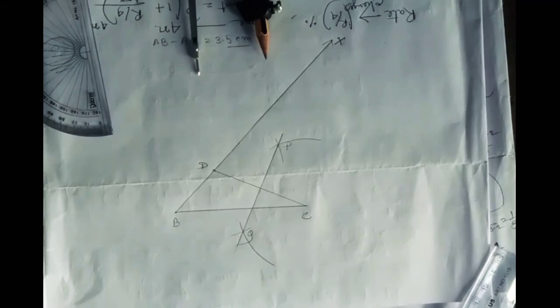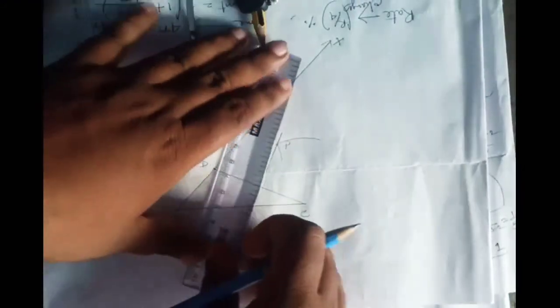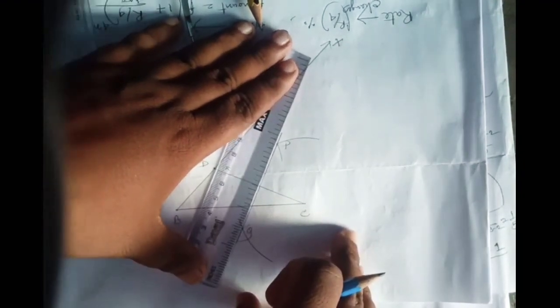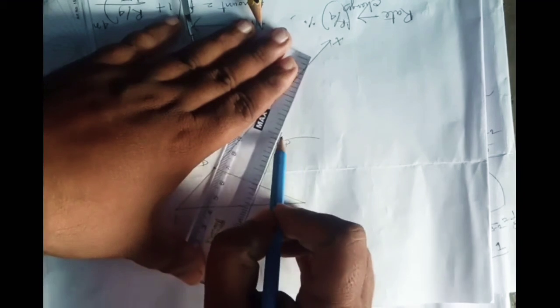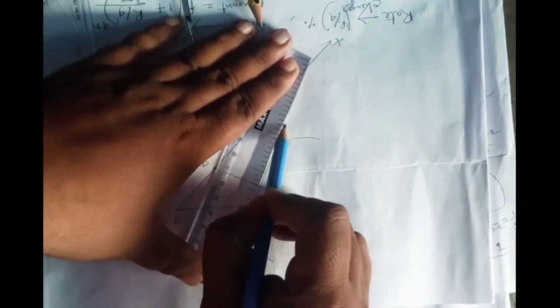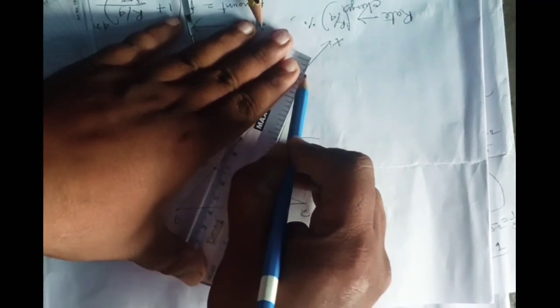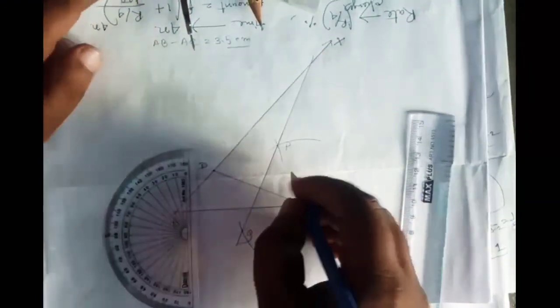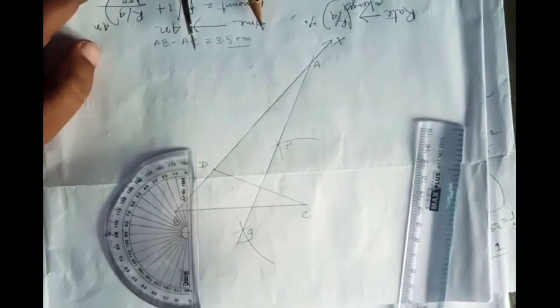Now we have to extend it, and the point at which it intersects the ray BX, make that point as A. Understood?